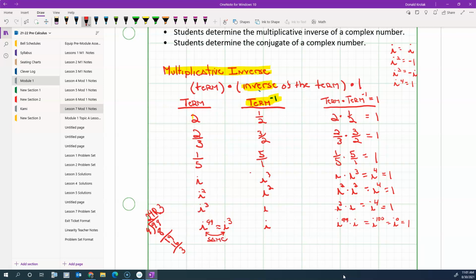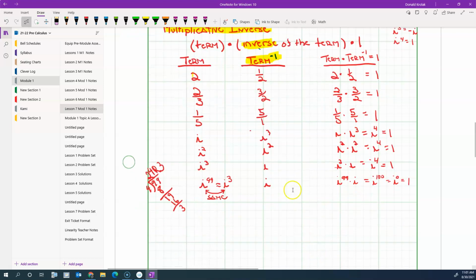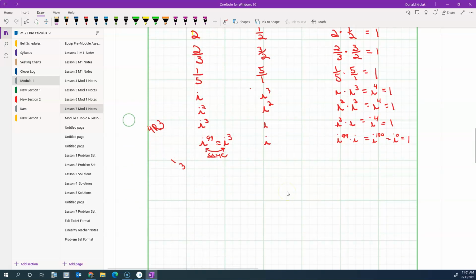All right, any questions on that? Okay, pretty straightforward. Now, if we had, let's say, 2i, the inverse is 1/2 i to the third.